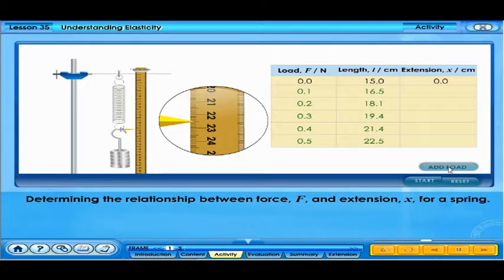To check the extension of the spring, click on the table.